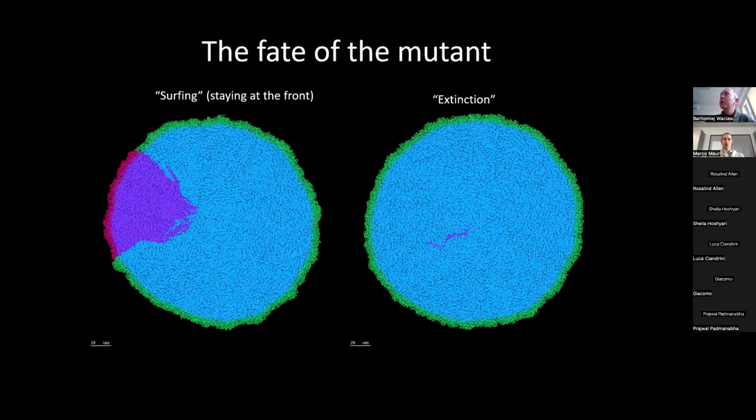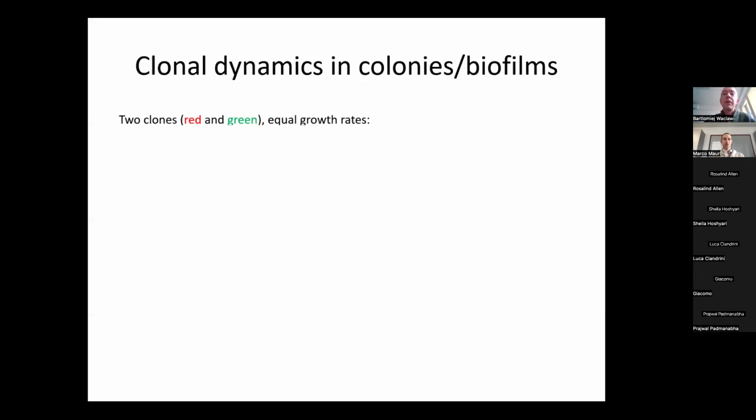So that's one thing to have in mind when I come to the main part of the talk about substrate geometry affecting this process. The other thing to take into account is what happens when there are many clones or many variants at the same time, because usually they will be in a large enough colony and they will somehow interfere with each other.